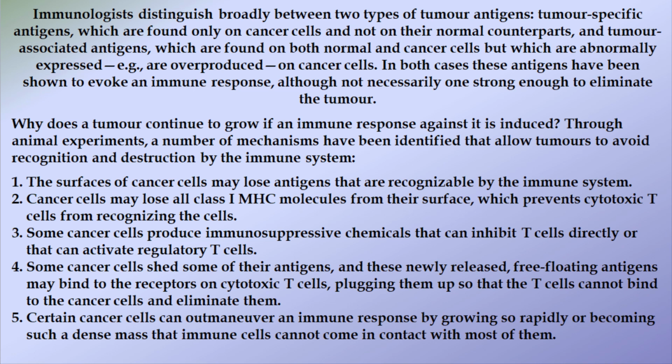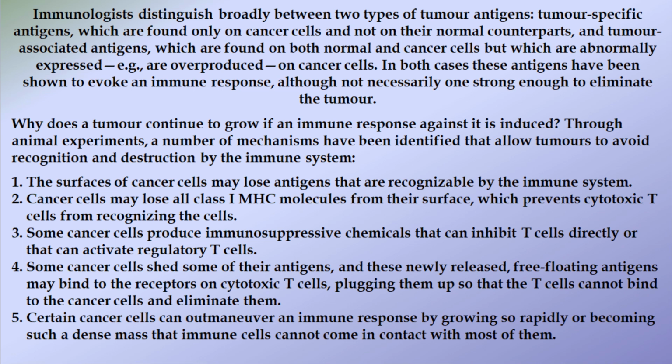2. Cancer cells may lose all class I MHC molecules from their surface, which prevents cytotoxic T cells from recognizing the cells. 3. Some cancer cells produce immunosuppressive chemicals that can inhibit T cells directly or that can activate regulatory T cells. 4.